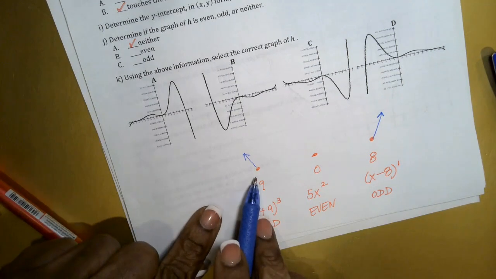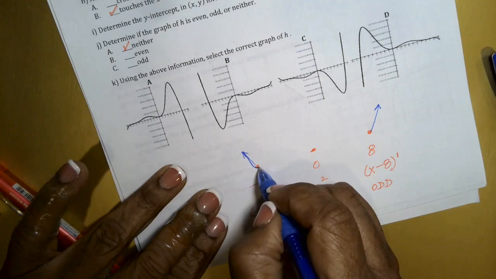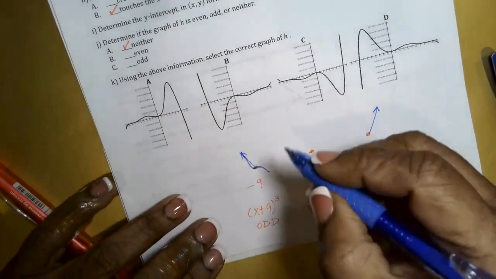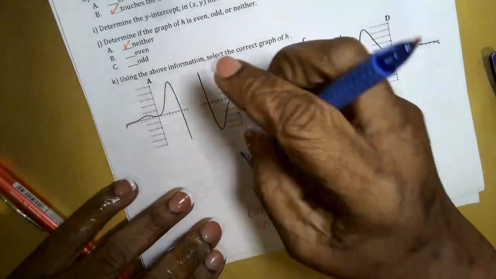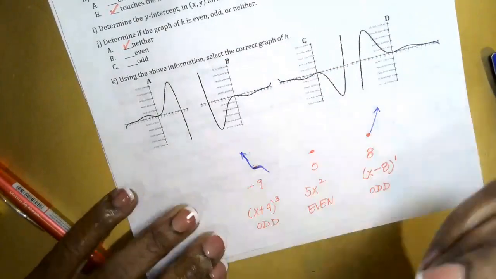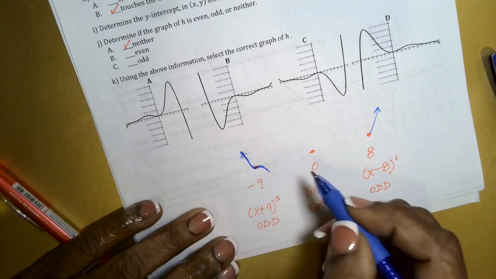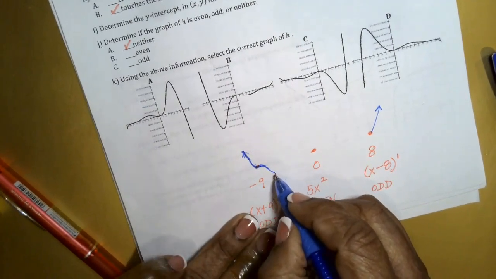So since this is odd, the graph of h will go through that zero with an inflection because of the cubed. We call it a little squiggle. It goes through it in that fashion. It goes down to some relative minimum.